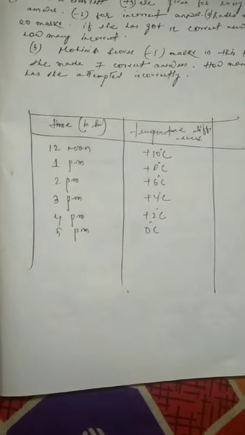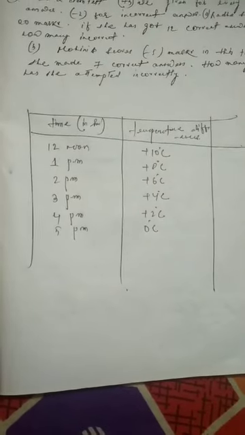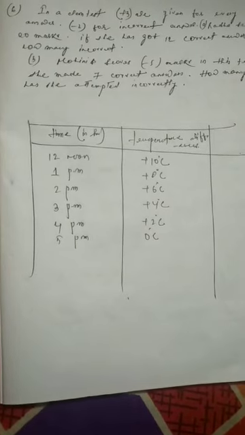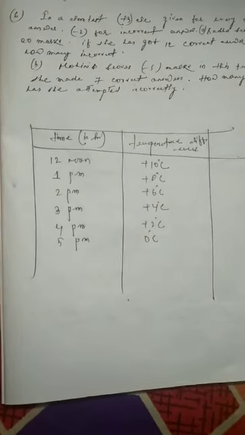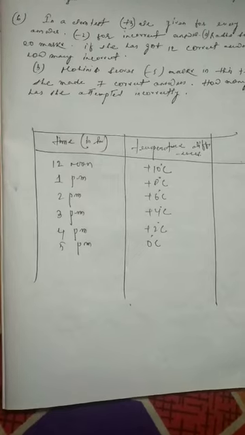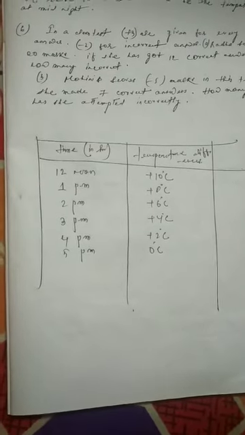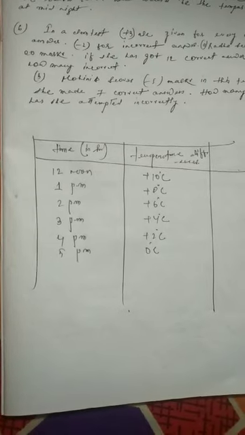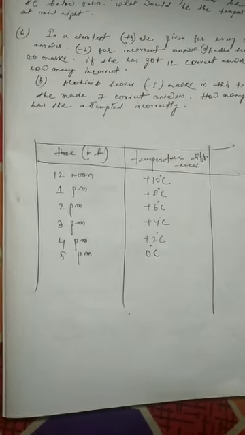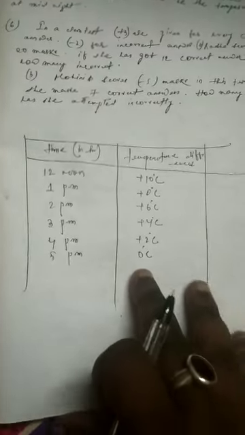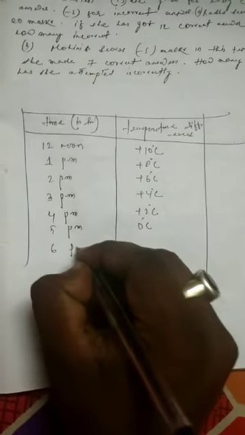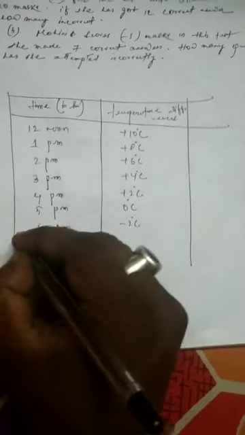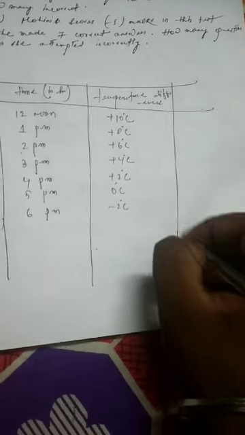If you imagine a number line in your mind, as you are heading towards 0 and then towards negative, by subtracting 2 degrees Celsius from plus 2 degrees Celsius, after 1 hour you will just stand on 0 degrees Celsius. Now, 6 p.m. it would be minus 2 degrees Celsius, because 2 degrees Celsius is decreasing.